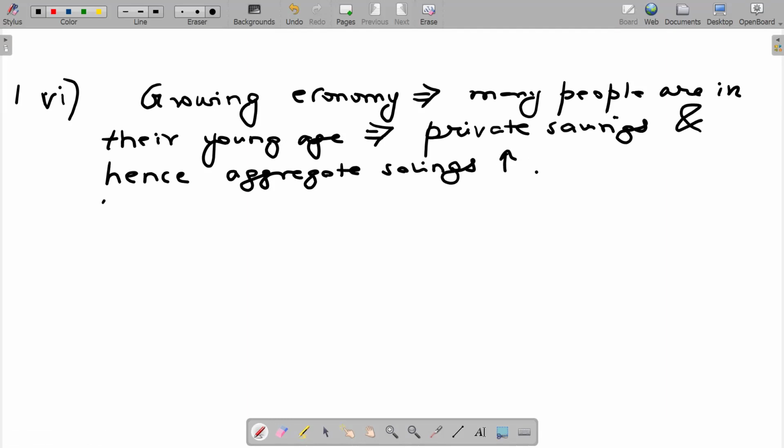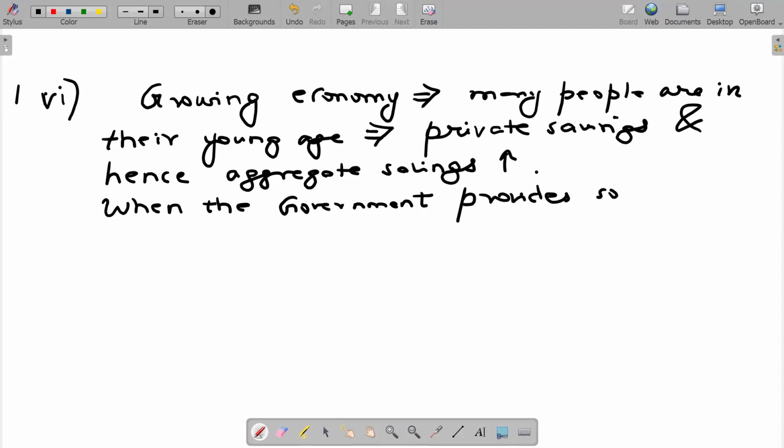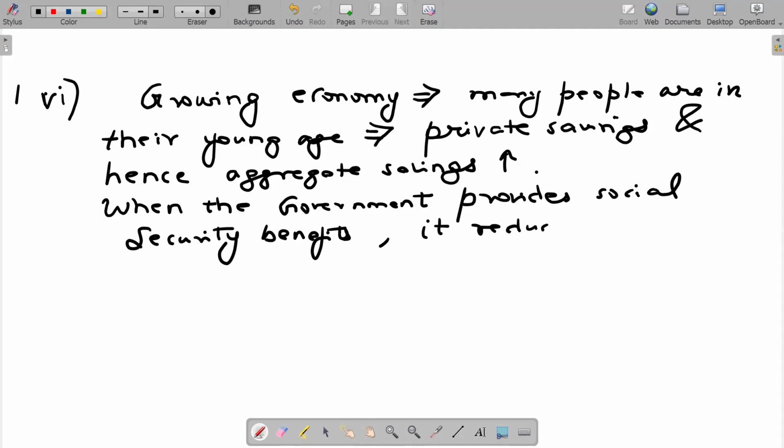Okay, and I can write, when the government provides social security benefits, it reduces the private savings.